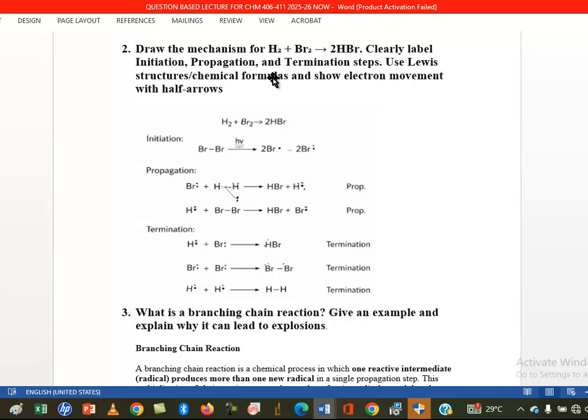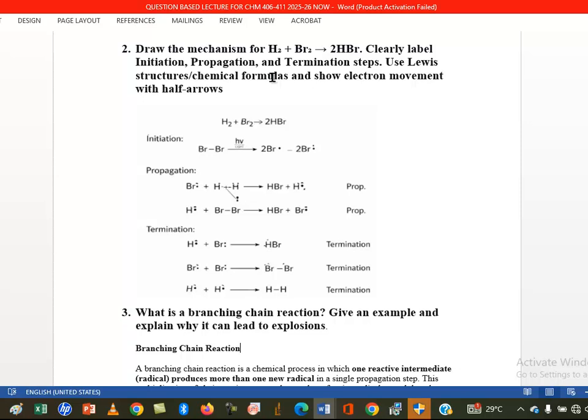The H radical can combine with the bromide radical to give HBr. That's one termination step. Another termination step is a bromide radical with another bromide radical to give you Br2, or a hydrogen radical with another to give H2. So these are 3 possible termination steps. With that, you've answered this question.